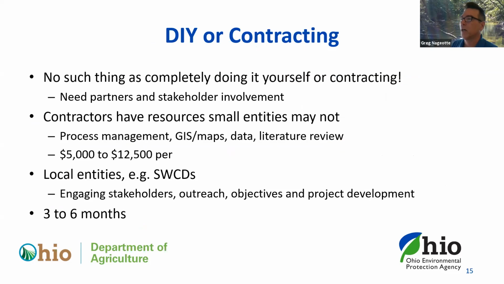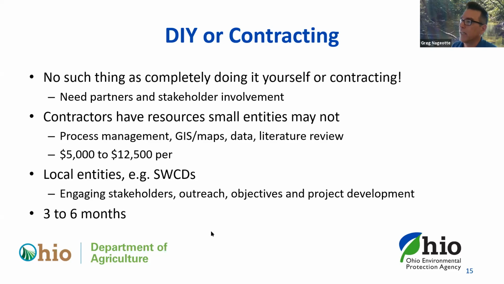Another question we get a lot is do it yourself or contracting. And I think the big takeaway here is there is no such thing as one or the other. A contractor can certainly help with aspects of the planning, including process management. They have typically great GIS mapping capability.